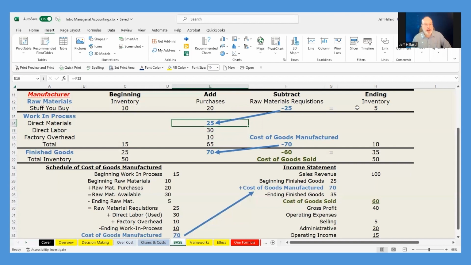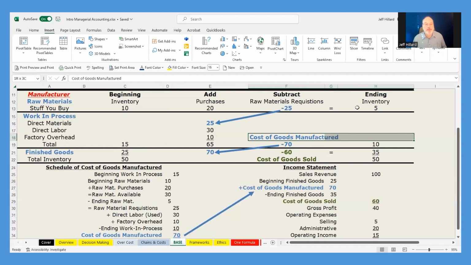This is now we have made $65 worth of frozen pizzas. We started with $15 of work in process, partially completed pizzas. We spent $65 more producing pizzas. And now we have our second subtraction, our cost of goods manufactured.